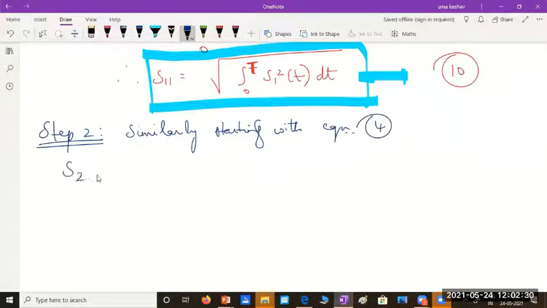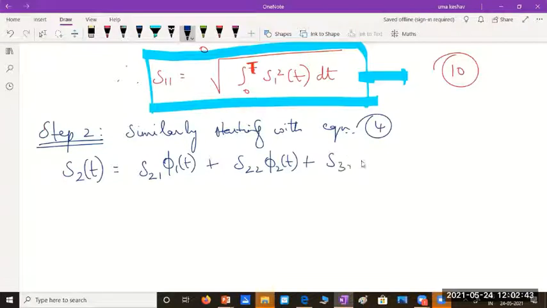It was the expression for S2 of t. S21 into phi 1, S22 into phi 2, S23 into phi 3, plus so on, S2n into phi n.